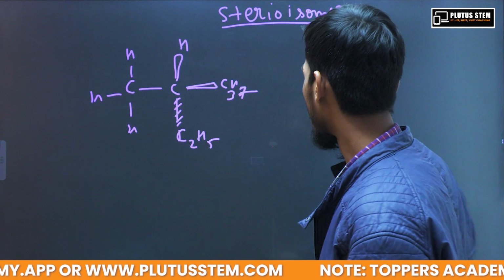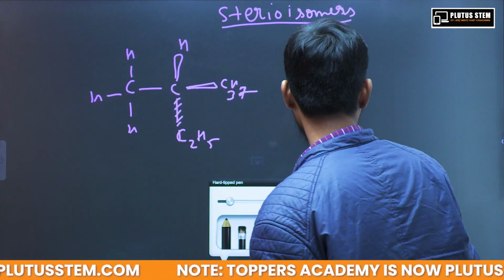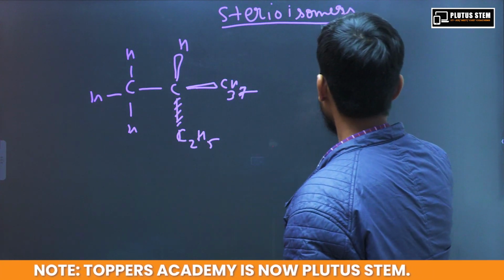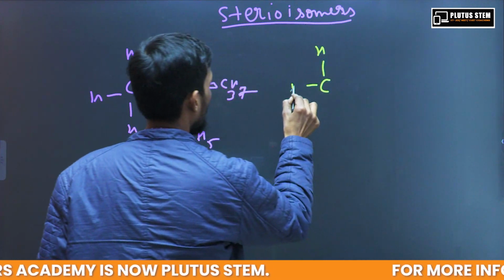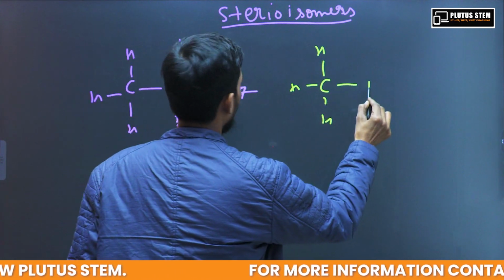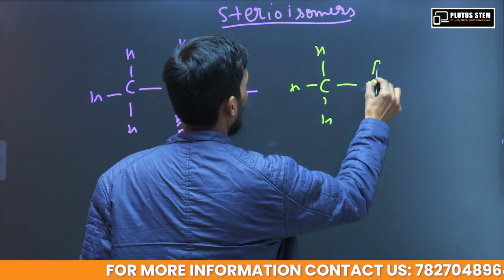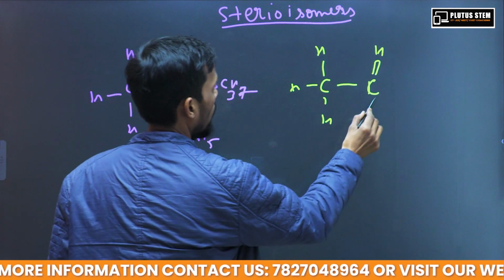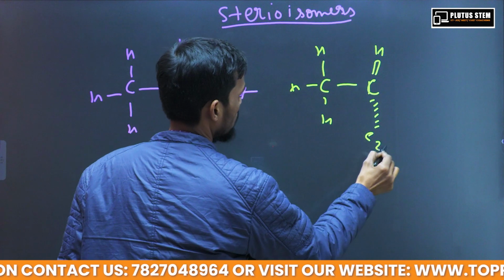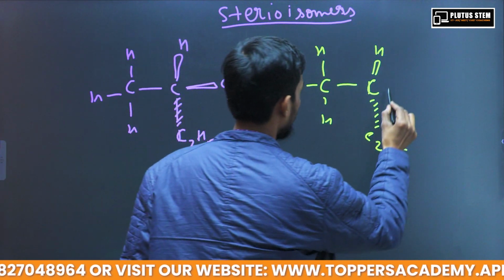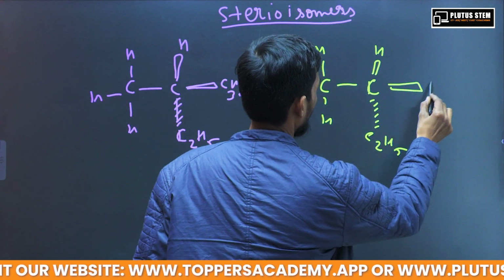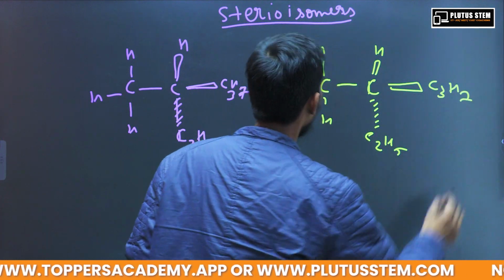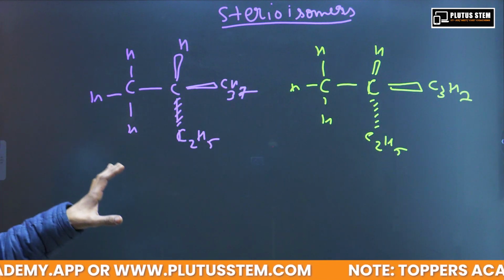And we have another compound that is again CH3, carbon, hydrogen, C2H5 and C3H7. Are these two different compounds or the same compound?